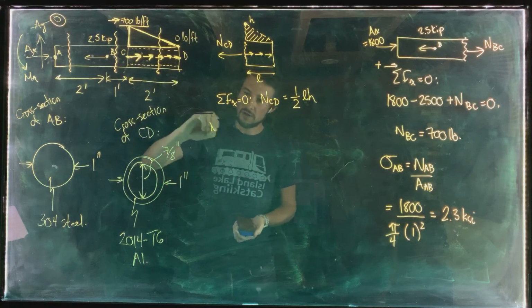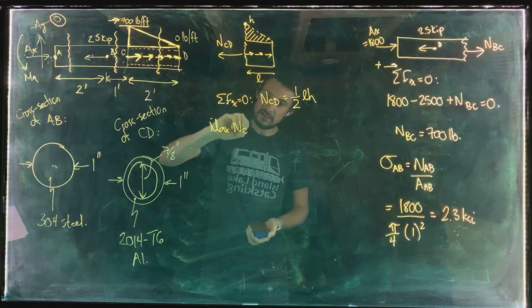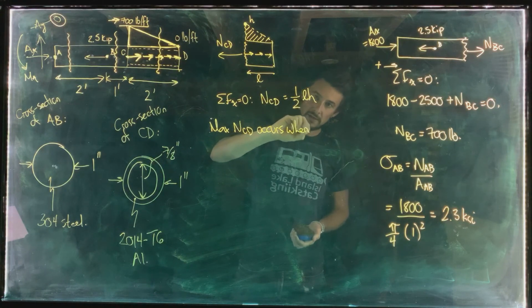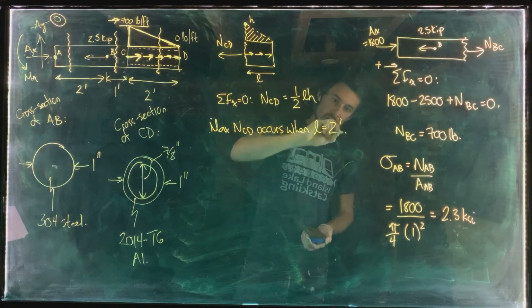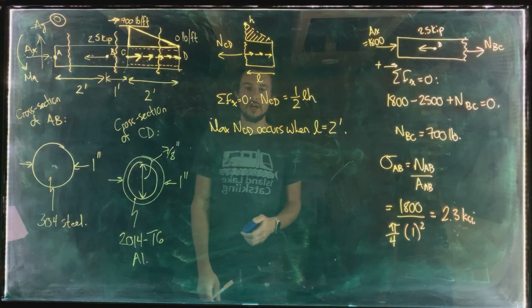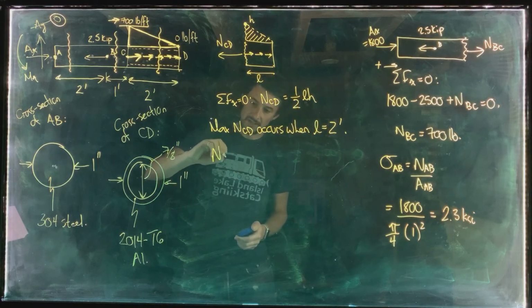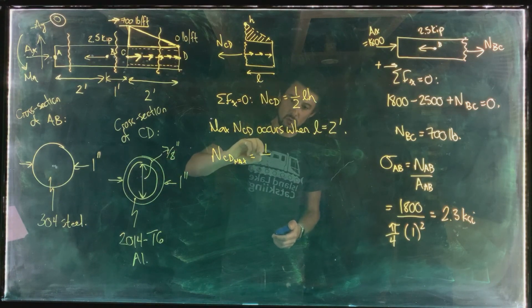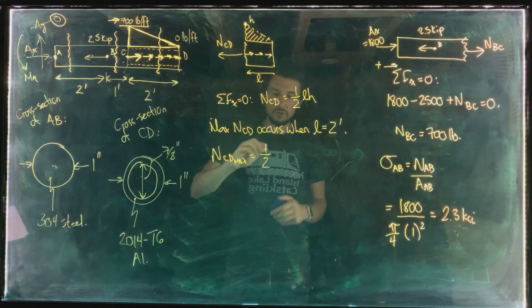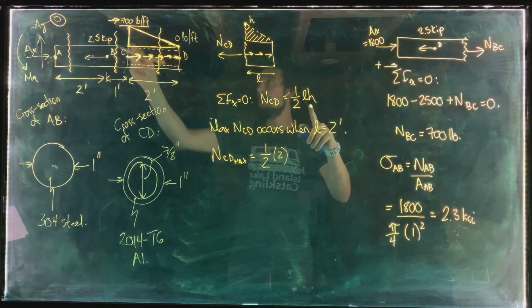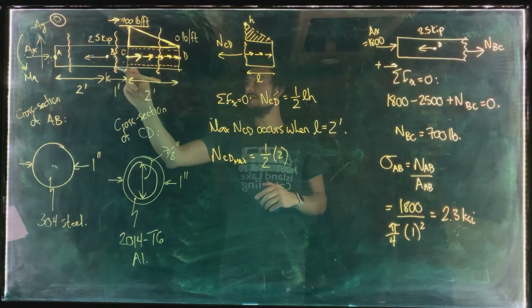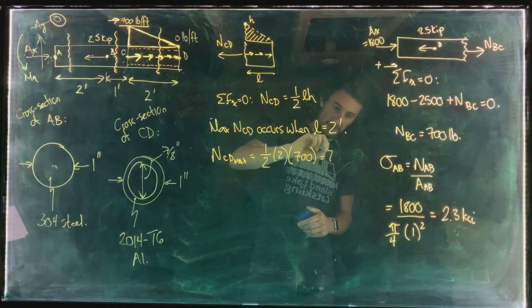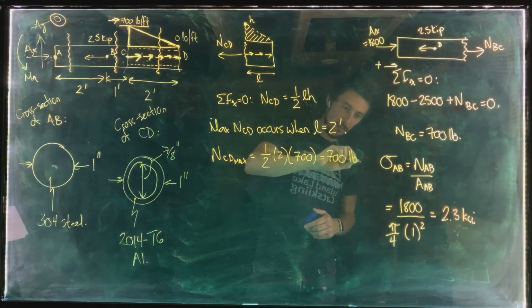Okay, so max N_CD occurs when L equals 2 feet in this expression above, right? So N_CD max is equal to 1/2 of 2 multiplied by h, and when L is 2, h is 700, so we've got 700 there equals 700 pounds.